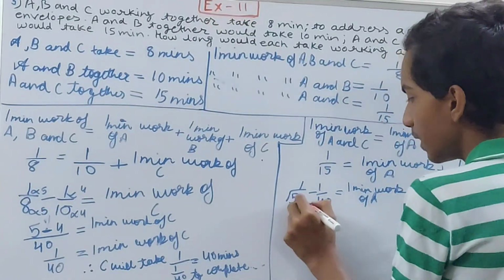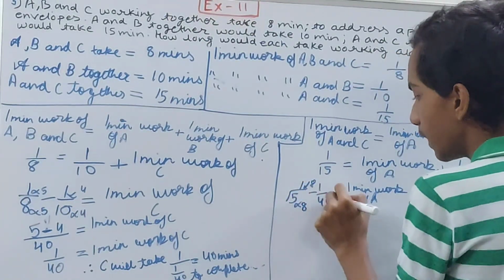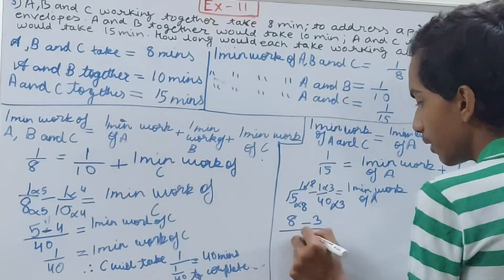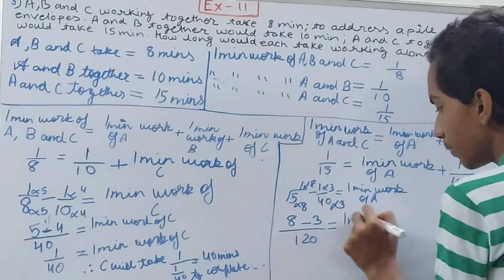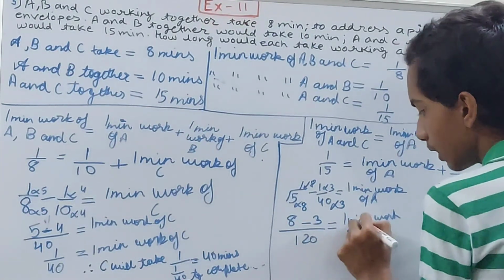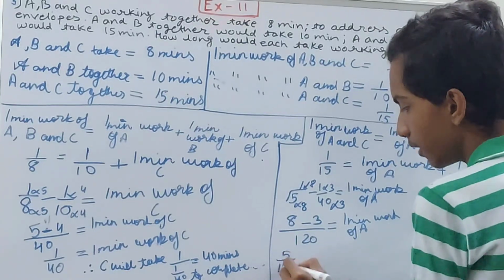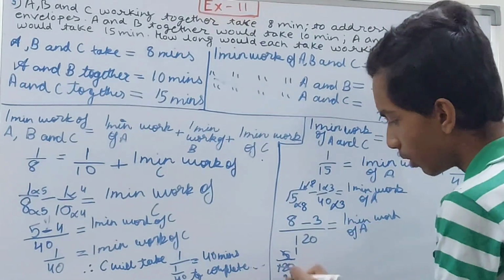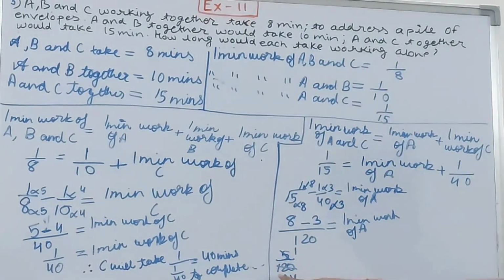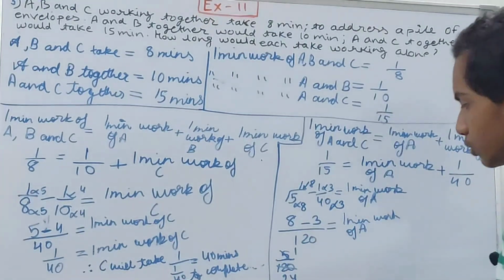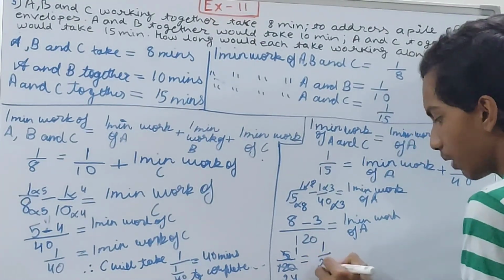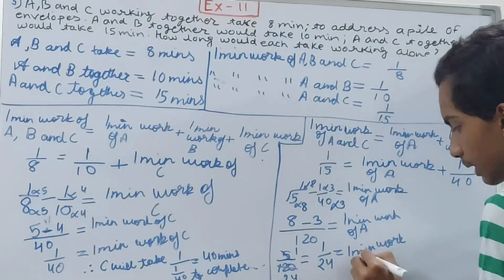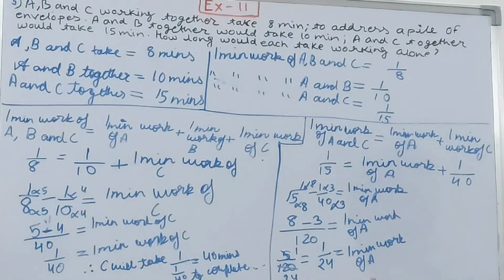So 15 8s are 120, so 1 into 8, 40 3s are 120, so 1 into 3, 8 minus 3 by 120 is equal to 1 minute work of A. So see over here, I'll have 5 by 120, and this I'll cancel by 5, so 1 upon 24, right? This is your 1 minute work of A.